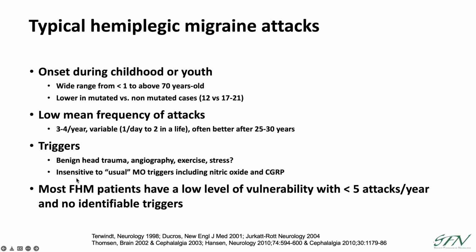Some studies have shown that patients with typical hemiplegic migraine are insensitive to the usual triggers incriminated in migraine without aura, like food or pharmaceutical triggers like nitric oxide or CGRP.